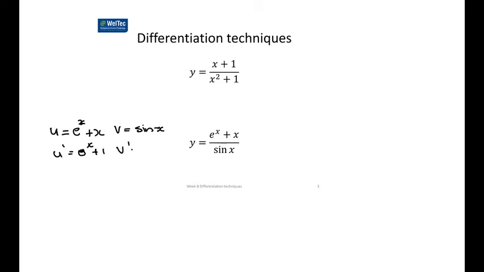And v dash, the derivative of v, is cos x. Just put them into the rule. Now remember, the rule has got the division sign in it.